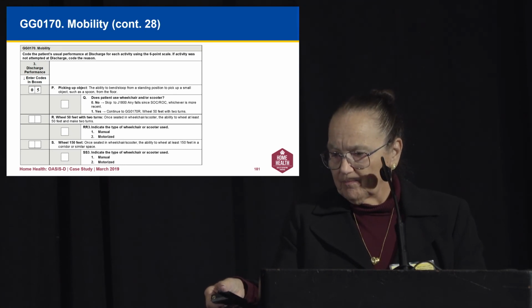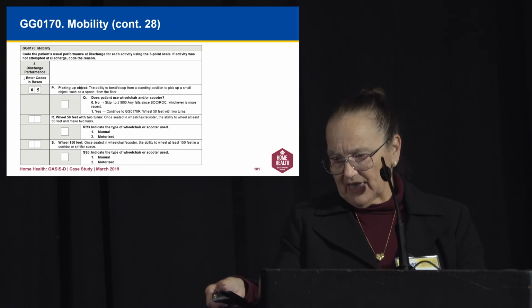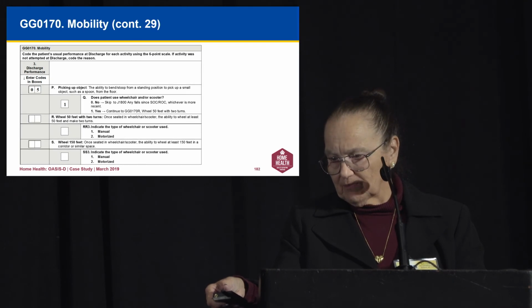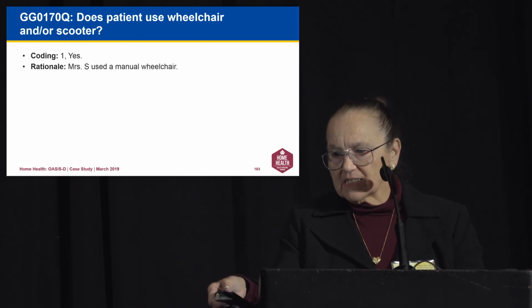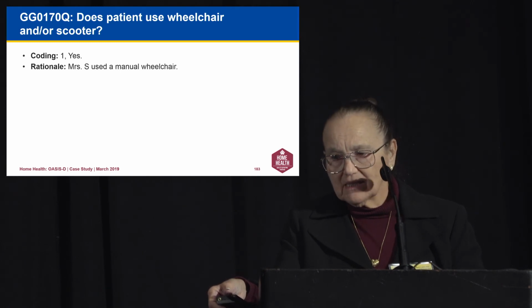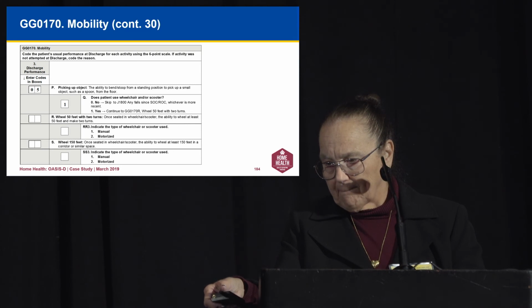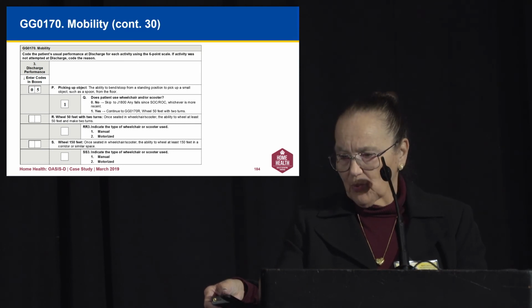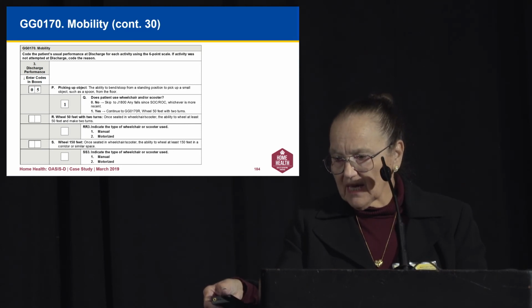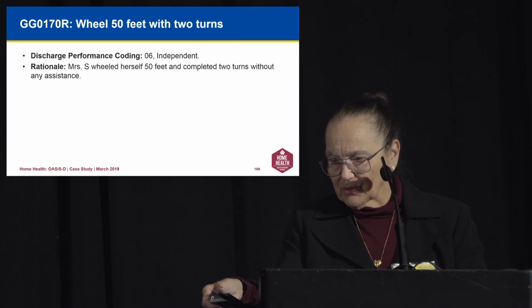The next one, wheeling 10 feet with 2 turns. Does the patient use the wheelchair and or scooter? Yes, she used a manual wheelchair. For the next one, we're going to look at the type of wheelchair that she used.